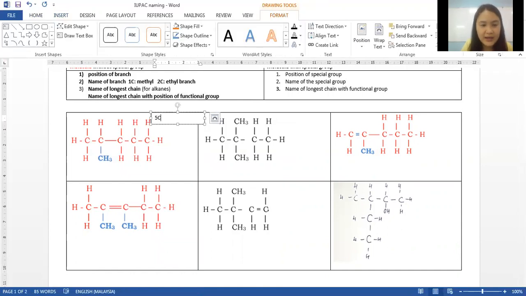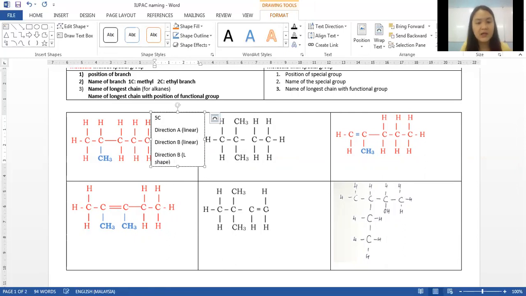All right, and you can get that from reading from direction A, linear, or you can get it from direction B, linear as well. You will also get 5 carbon if you read from direction B, L shape.